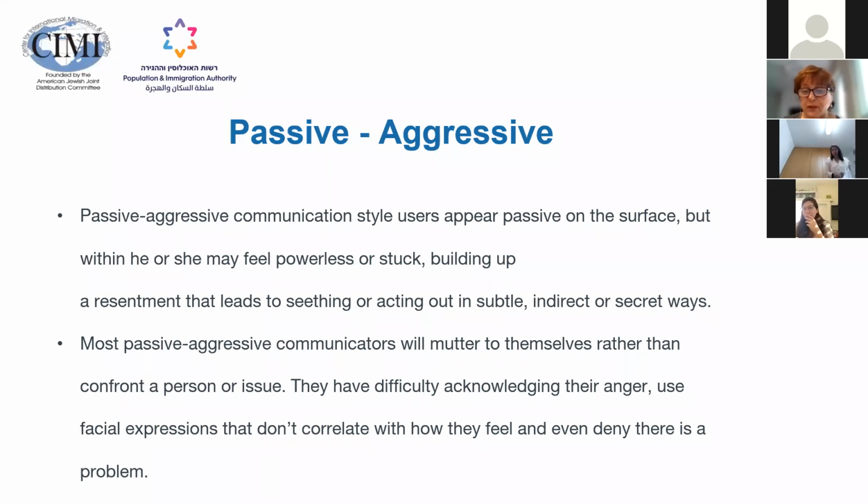They have difficulty acknowledging their anger, use facial expressions that don't correlate with how they feel, and even deny that there is a problem. This is also a very difficult way to deal with people that express themselves in this way, because they send off double messages. They don't really express what they actually feel. And so it's very important to be able to identify it.